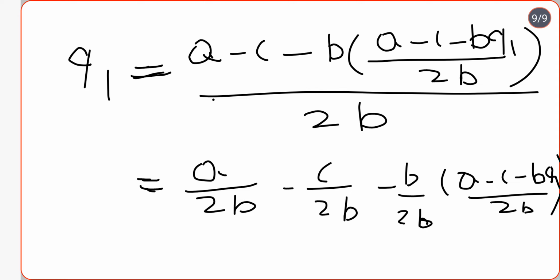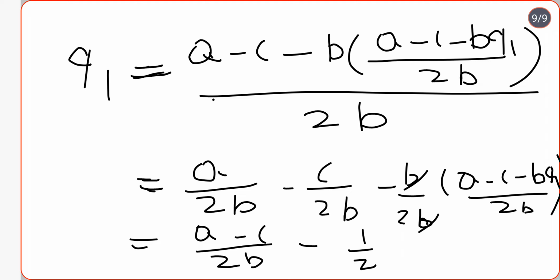Now these two parts are A minus C by 2B, and in this part B and B cancel out, so we have only minus 1 by 2 remaining, and from this part we get A minus C minus BQ1 by 2B.